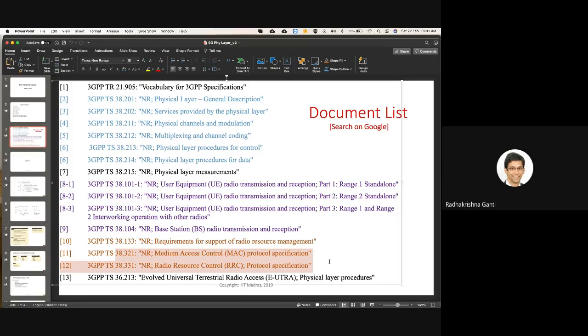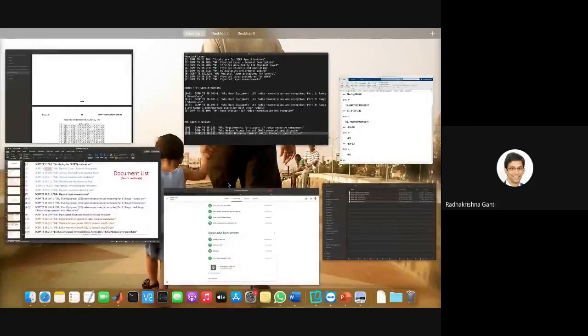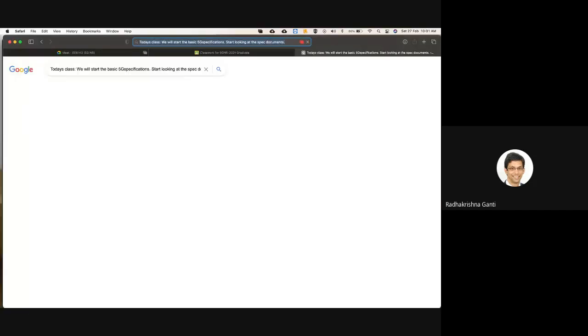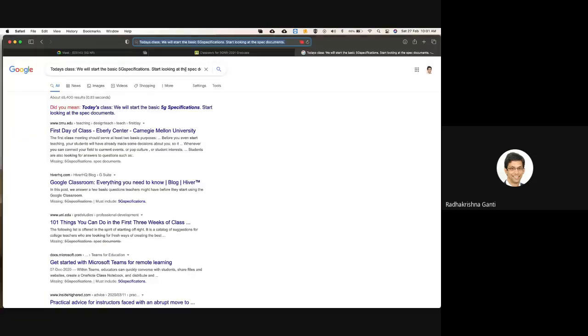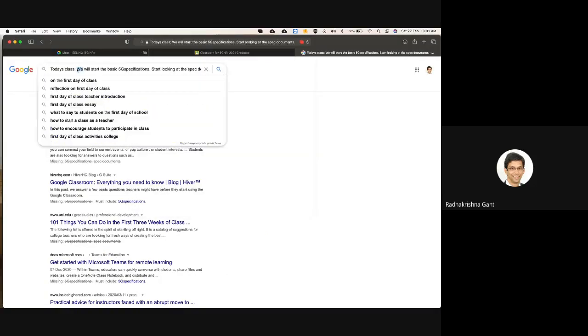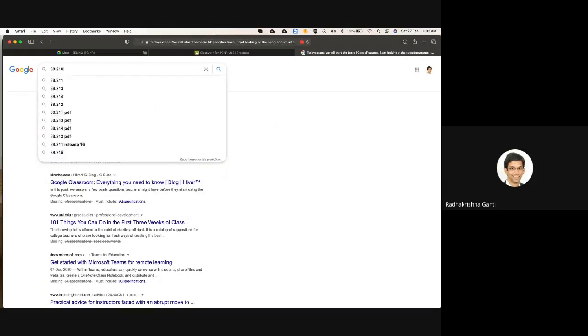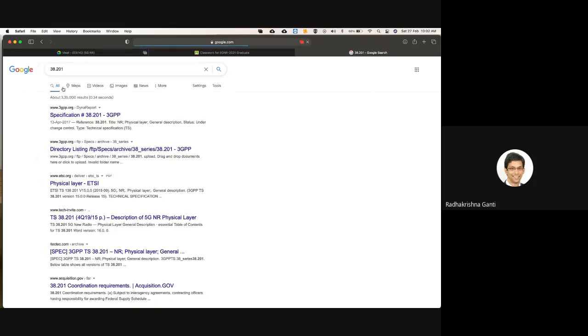And how do you get these documents? You can get these documents by searching in Google. You just type 38.201, and you can go to 3gpp.org.